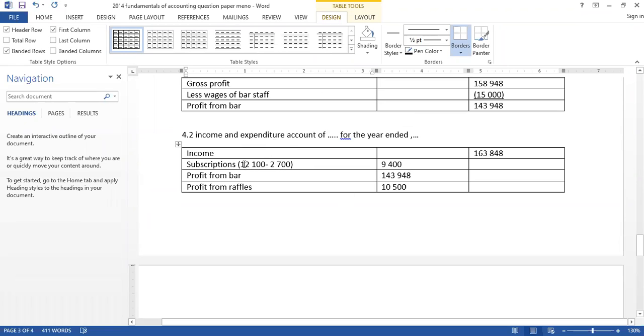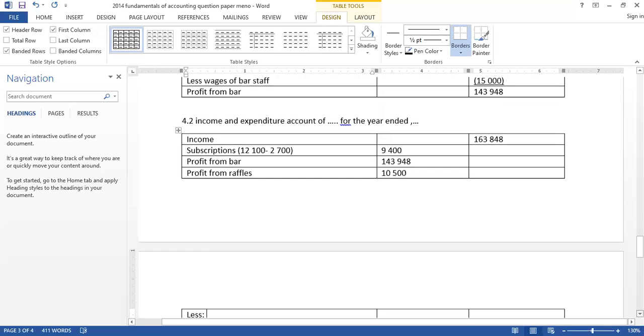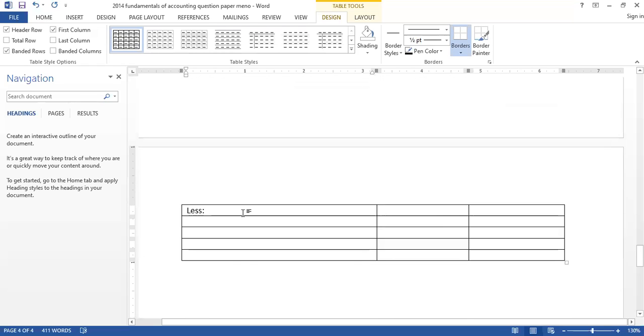That's why we received 2,700 in advance. That's a prepayment. That's why we subtracted it from our 12,100, and that is the only prepayment that we have. Or do we have any other prepayment? Okay. So we less our expenditures.